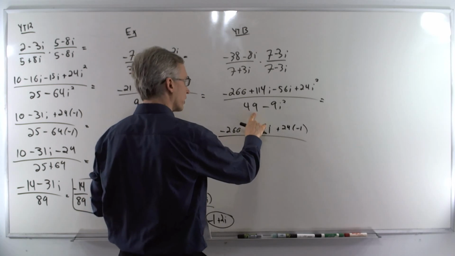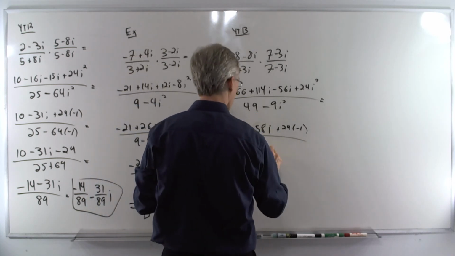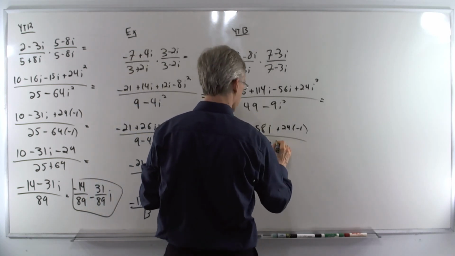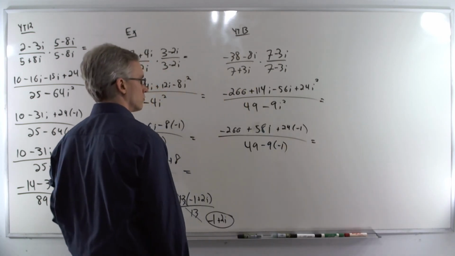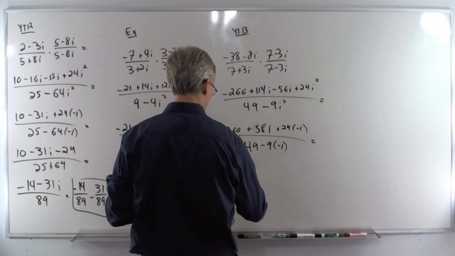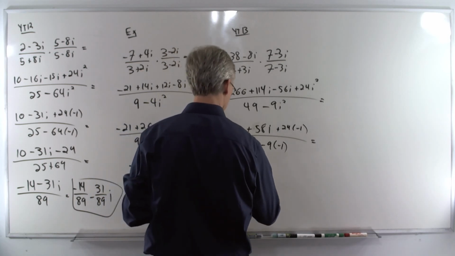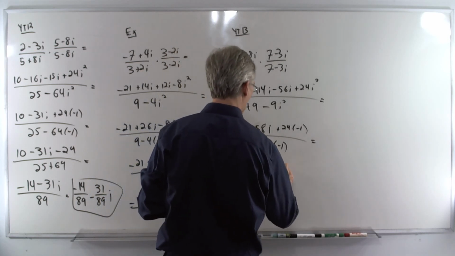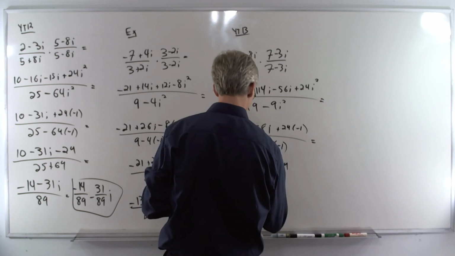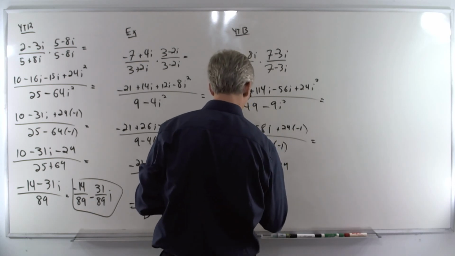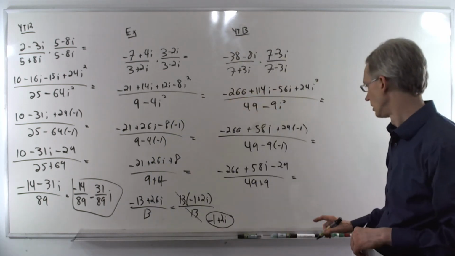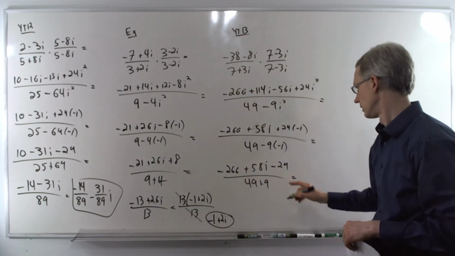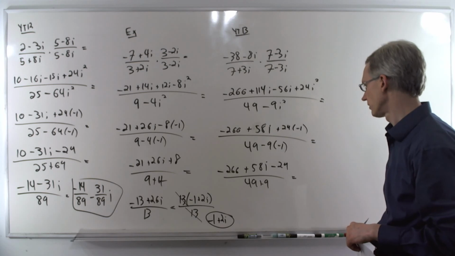And here we got 49 minus 9 times negative 1. So that's negative 266 plus 58i minus 24 over 49 plus 9. Now we can combine negative 266 and negative 24.